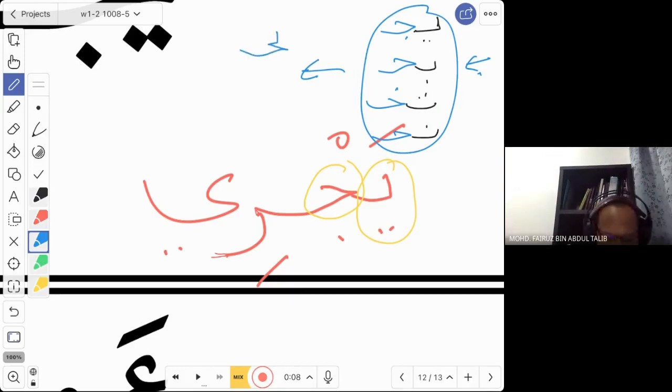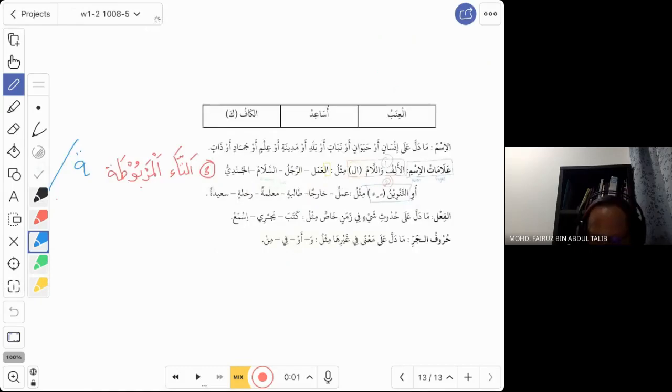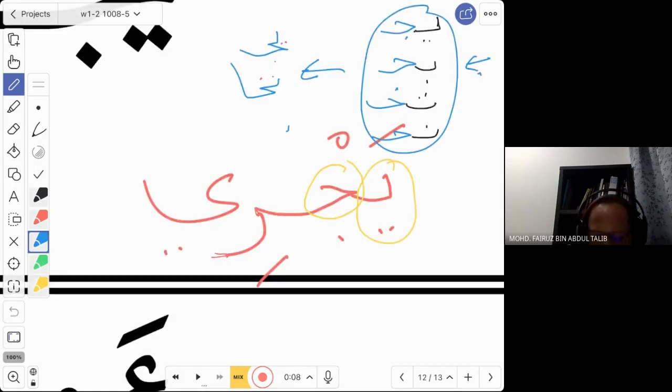In this case, if it is Ya and Jim, this is the letter Ya, this is the letter Jim. Let's take another example. If it is Nun and Ha, how do you put the dots? This is the Nun, this is the Ha. If it is a Ta and a Ha, you just put the Ta.